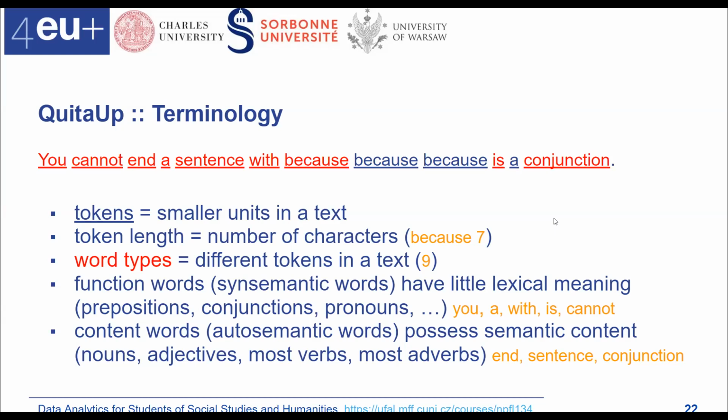So in our sentence, we can see there you, personal pronoun, preposition with, modal verb cannot. So these words actually say nothing about the meaning of a text. On the other hand, content words or autosemantic words possess semantic content, and they are typically nouns, adjectives, most verbs, most adverbs, like sentence or conjunction in this sentence.